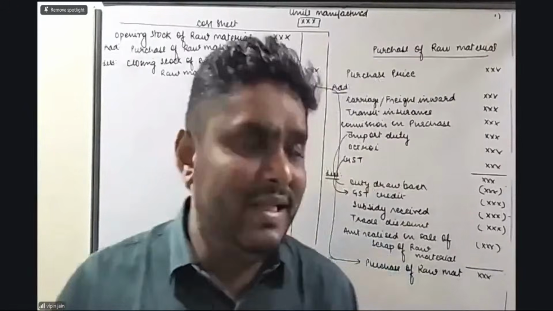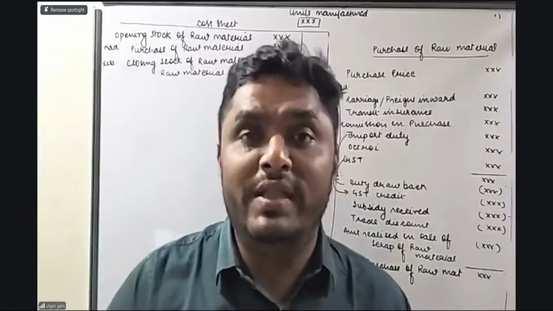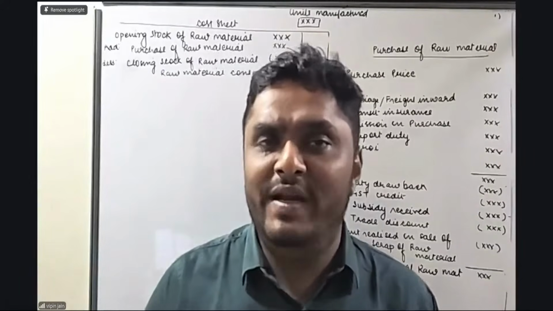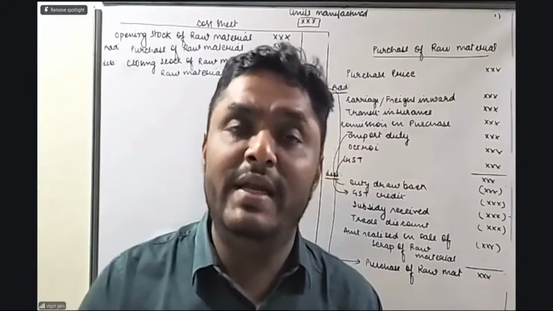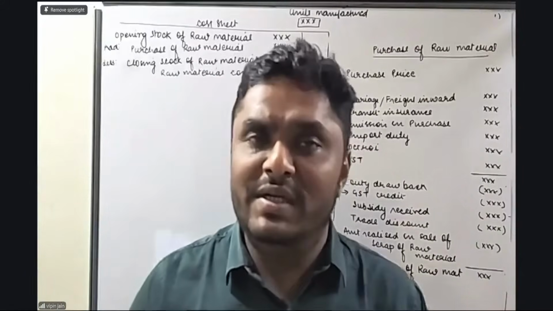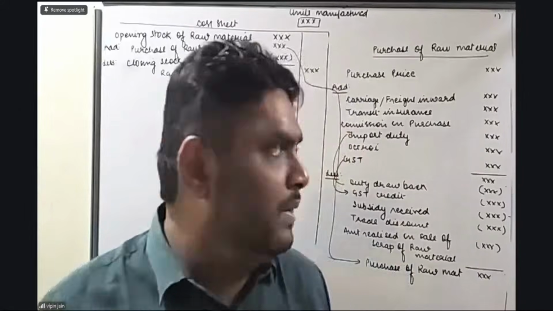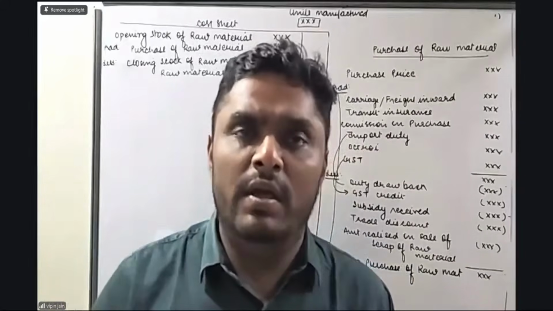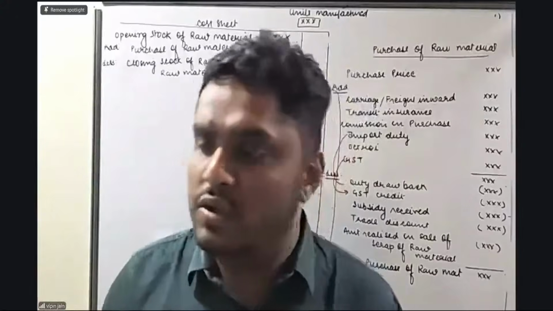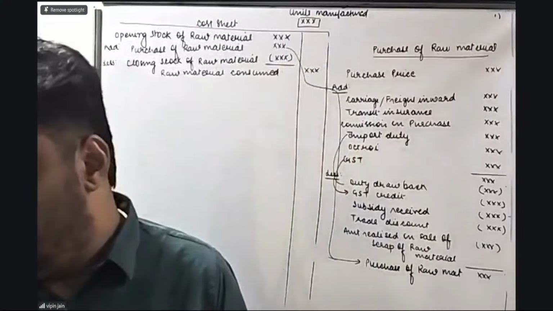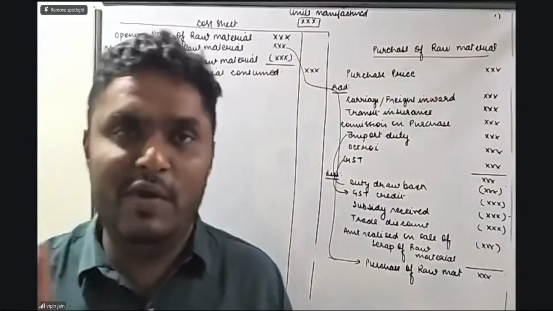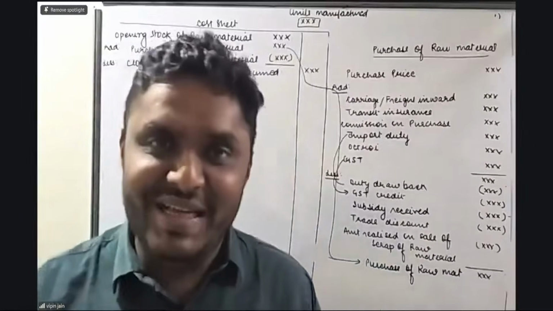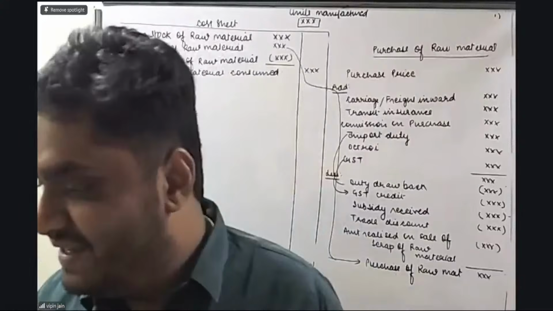Many times octroi is given in questions, because earlier it was the tax imposed by the state government, but now it has been removed. Still, if you find this kind of word in a practical problem, just add it to the cost of purchase. This is just for your safety, so that if you find anything new, you don't get confused. Okay, sir.